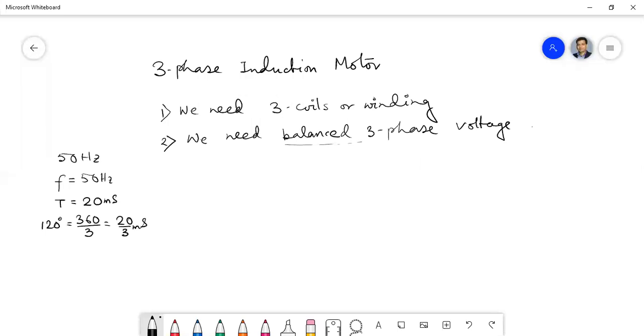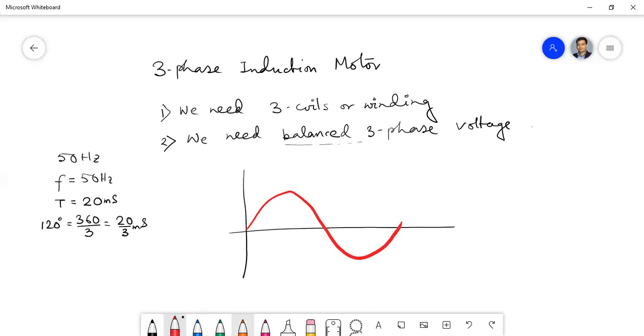Okay, so if we have one phase like this, suppose this is the red phase, the next phase will be like this. Between these two peaks, what is the angle and what is the time?